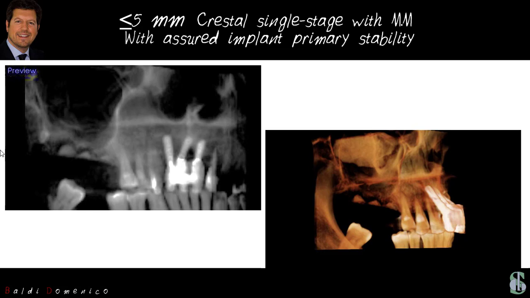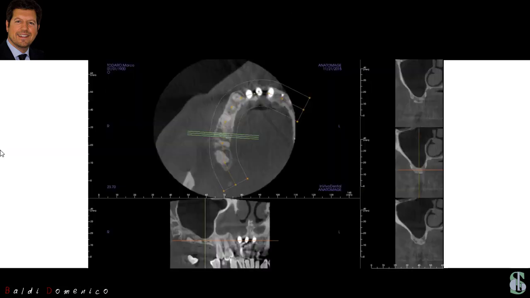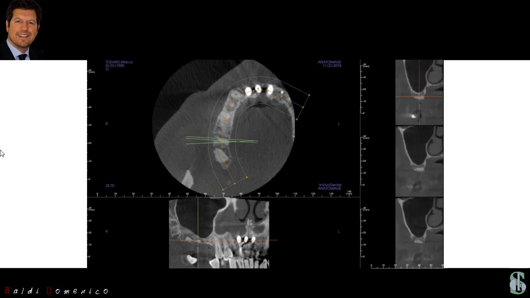Also, even if we make a socket preservation, at this point we have to decide how we can approach this surgery. And so the analysis of the CT shows us how thin the bone is. And of course, in this case, we have to use the least invasive instrument.